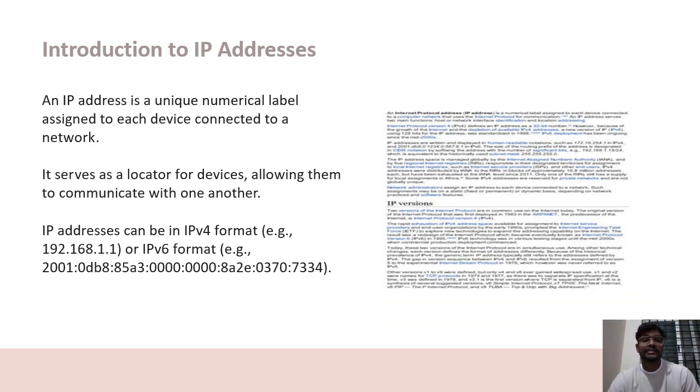Next is the introduction to IP addresses. An IP address is a unique numerical label assigned to each device connected to a network. It serves as a locator for devices. By using this IP, we can locate devices, allowing them to communicate with one another.